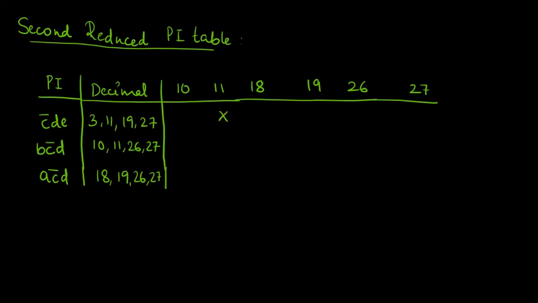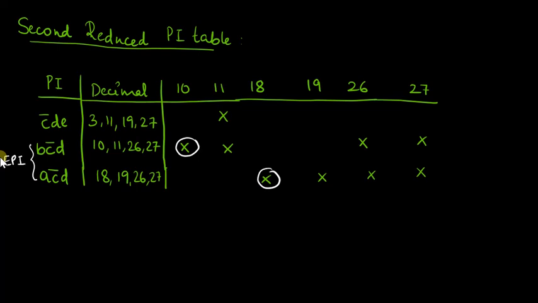So I am going to put an X corresponding to the min term, whichever is available for that particular prime implicant, and I am going to circle the one which is present alone. So you can see that B C bar D has an X which is present alone.